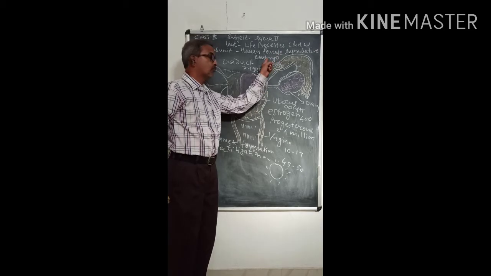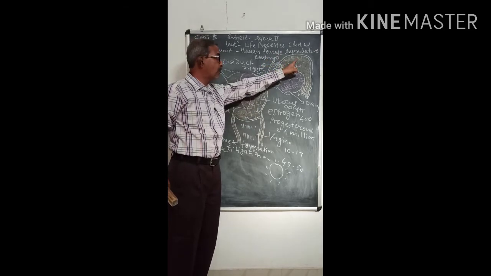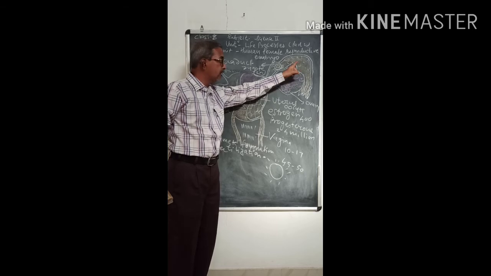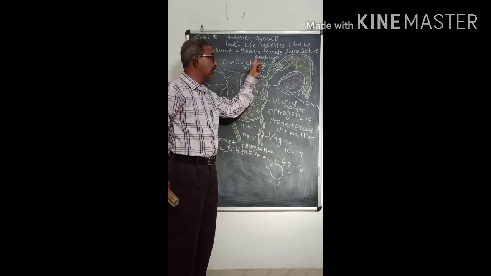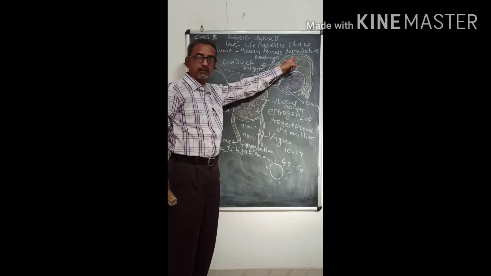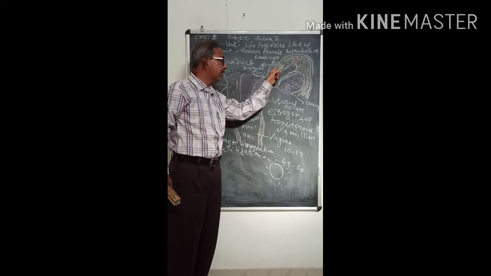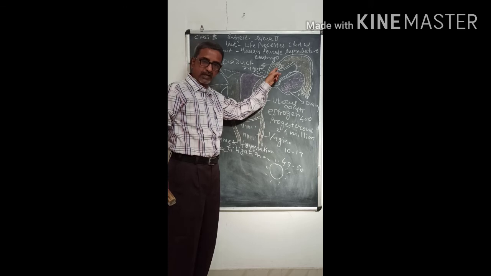This embryo is then pushed forward with the help of cilia, as we have seen. On the internal part of the oviduct, cilia are present. Due to these cilia, they push forward the oocyte, which is now converted into a zygote after fertilization.